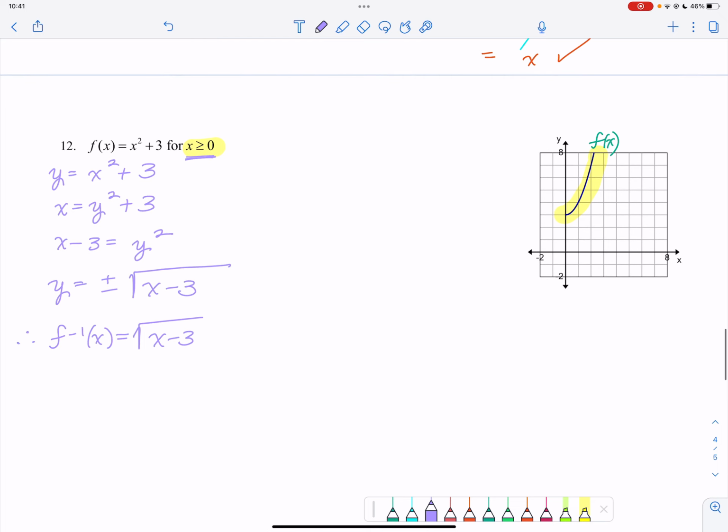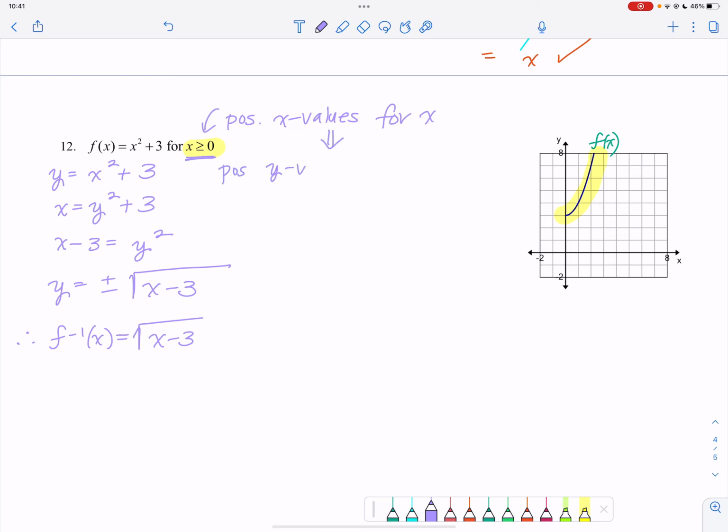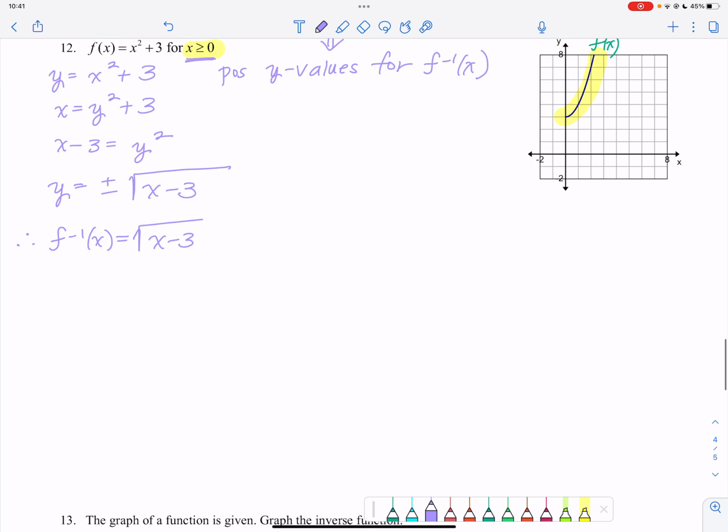So positive x values for f implies positive y values for f inverse. So we only want that positive root.